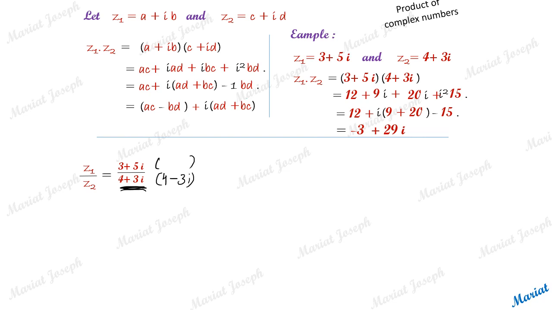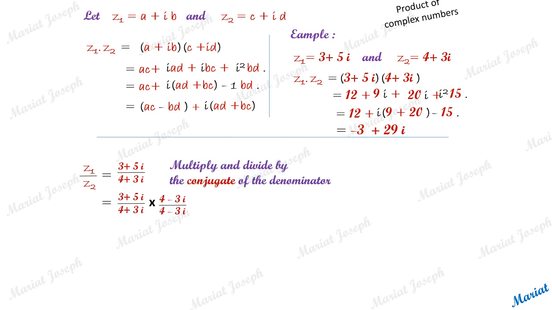The denominator's conjugate, same you multiply in the numerator also to balance it. And then perform the multiplications in the numerator as well as in the denominator. Multiply these two, that will be the numerator. Multiply these two, that will be the denominator. Let's see what happens now.